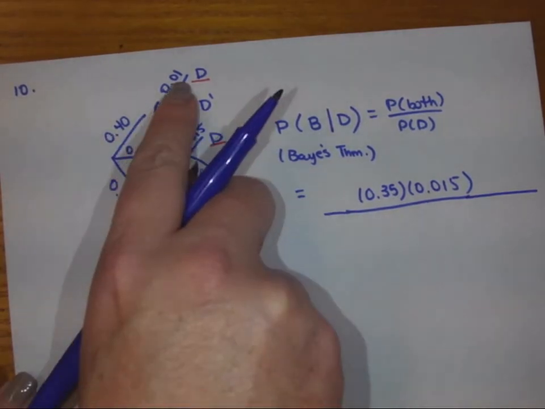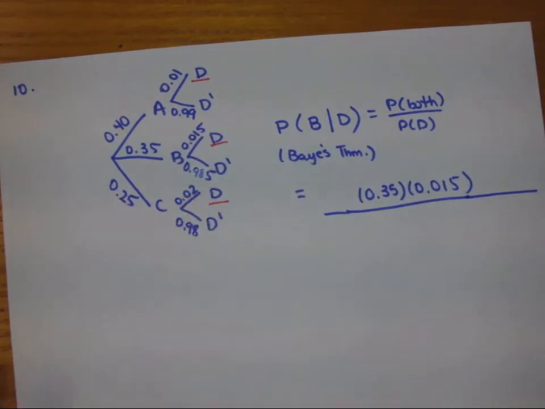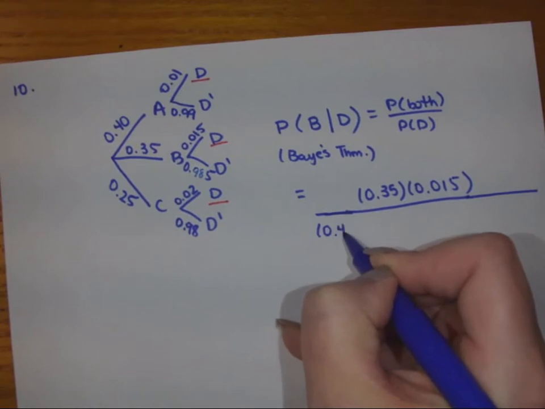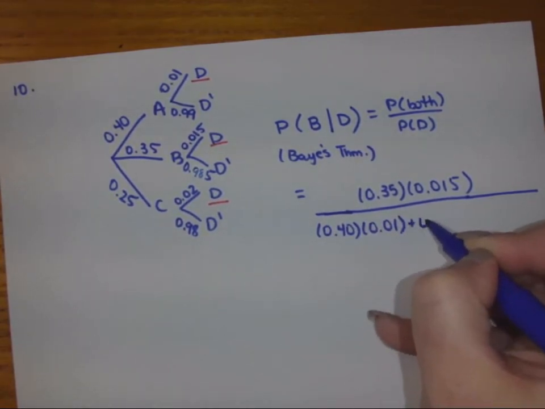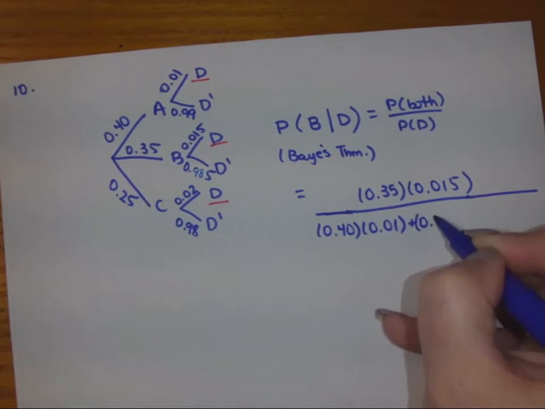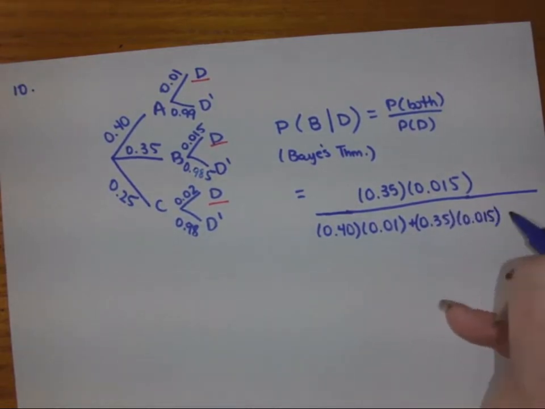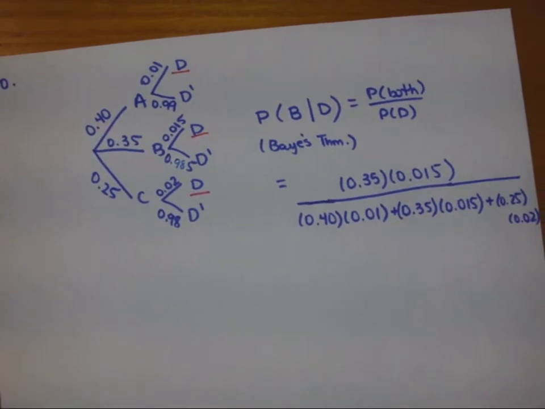You could go here and here, here and here, or here and here. So we need to add all of those up. So it's going to be 0.40 times 0.01 plus 0.35 times 0.015, and then plus 0.25 times 0.02. Kind of ran out of room there.